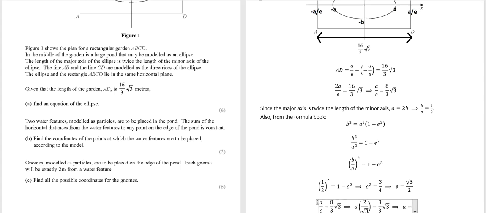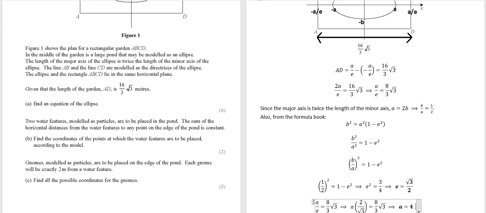If we multiply both sides by E, or by root 3 over 2, we get 8 over 3 root 3 times root 3 over 2. So the 8 and the 2 are going to cancel down to a 4. The root 3 times root 3 gives you 3, and when you divide by 3, that disappears as well. So we should just get A equals 4.